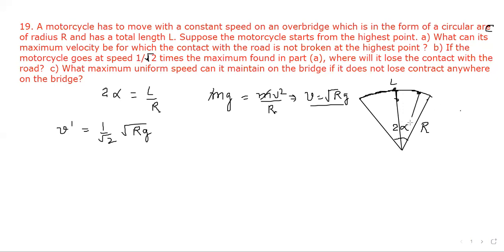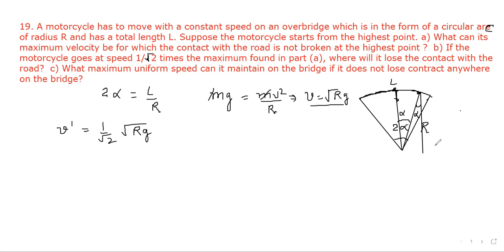Suppose this is the point where the motorcycle loses contact. So its weight will be in this direction, like this. And here, this angle will be alpha. This angle will also be alpha.